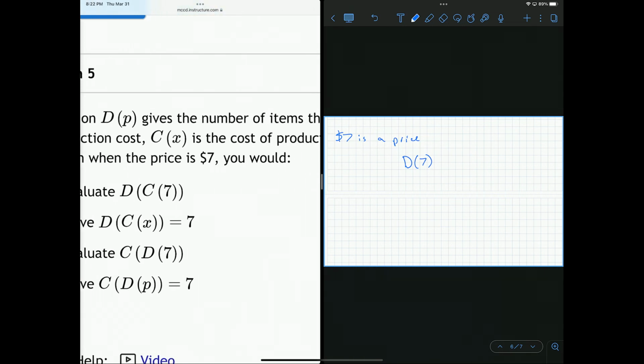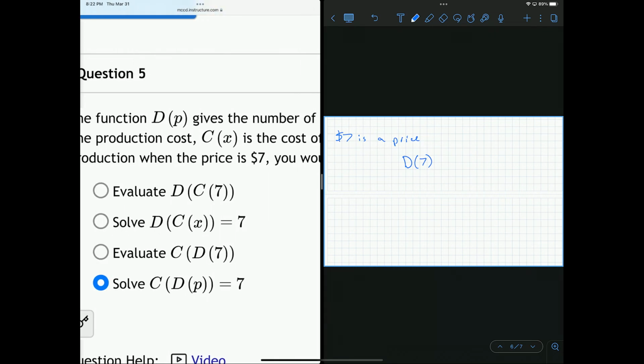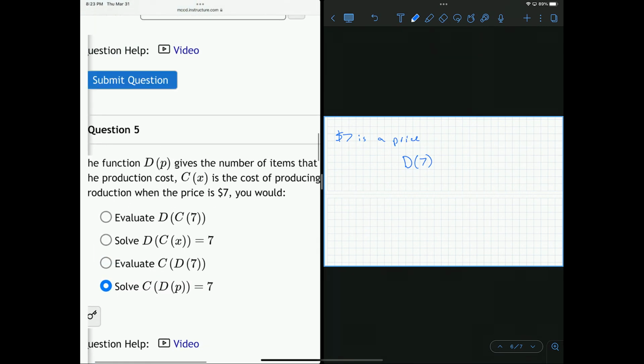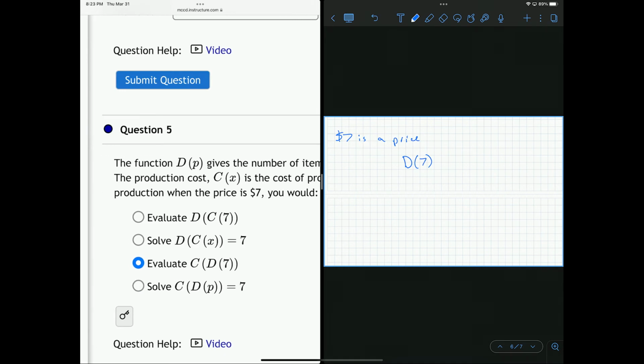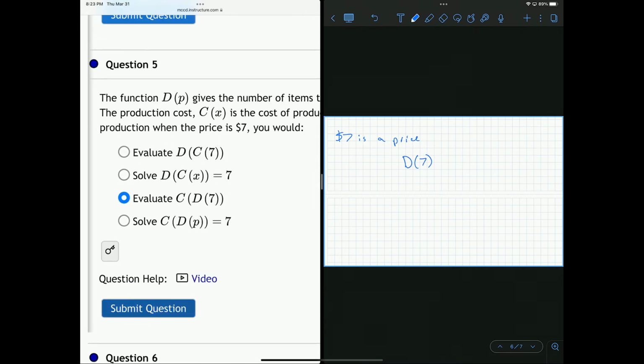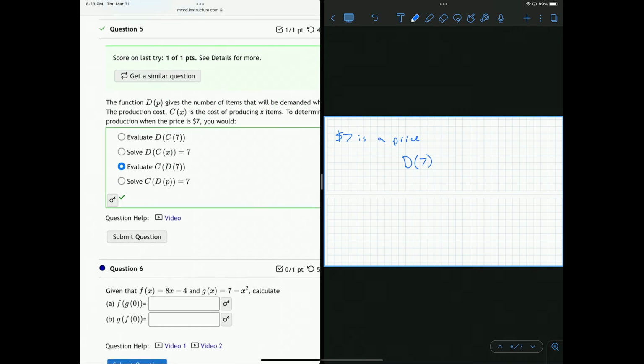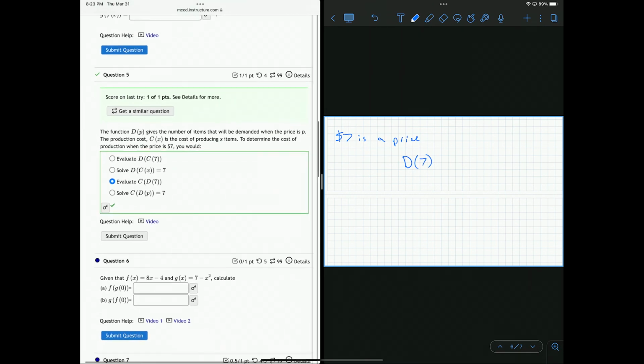Cost is dollars, but cost is not price. And the 7 is a price, not a cost. So that one's wrong. Just by knowing that $7 is a price, 7 has to go into the d equation. It's d of 7, and so this is the only one it could be. It's just keeping track of what all the variables mean.